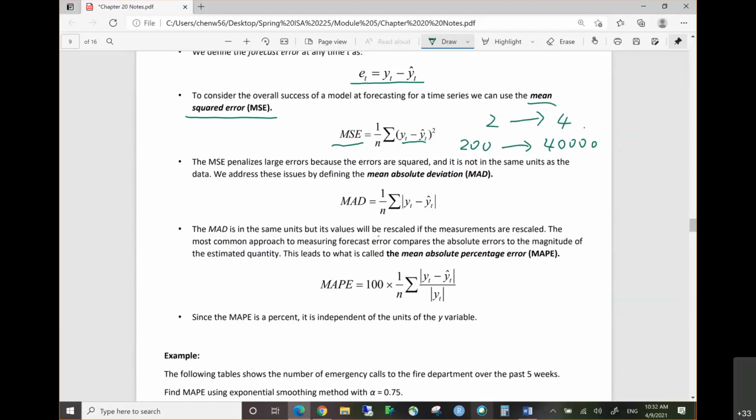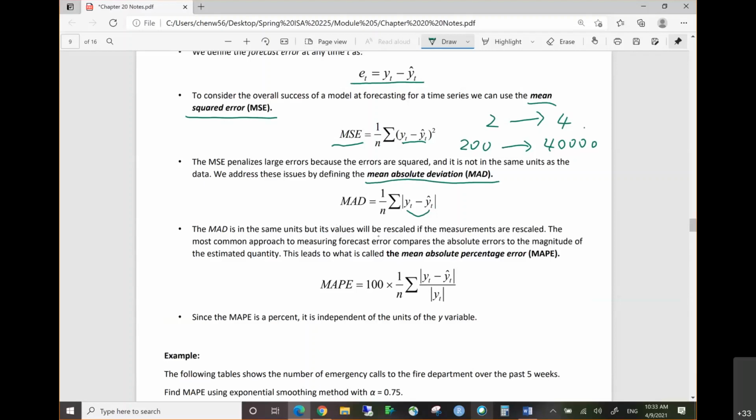Then there is another way to measure the residual. We call it the mean absolute deviation. We still get the residual for each observation, and then we take the absolute value instead of the square. Then we do not have the penalty for the large errors.